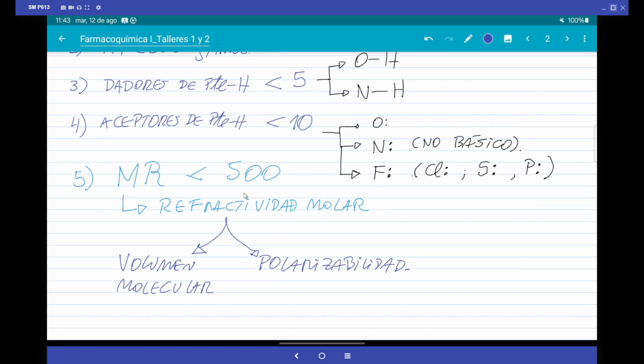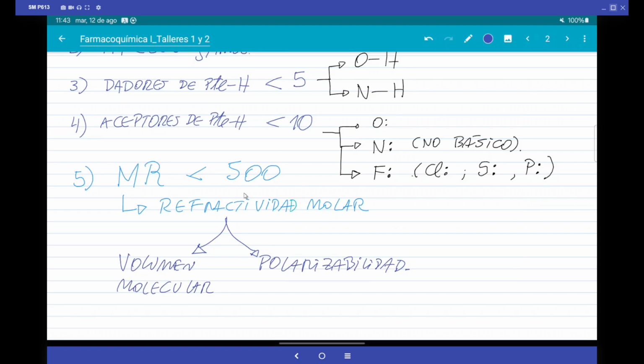So, the more refractive the molecule is, the easier it is to polarize. That the electrons move from one side to the other, generating accumulation of charge in one part, and deficiency in another. That is the idea, a little abstract, that you have to have with this concept.